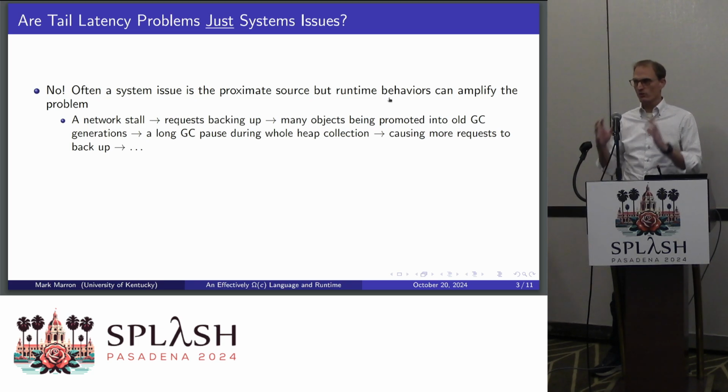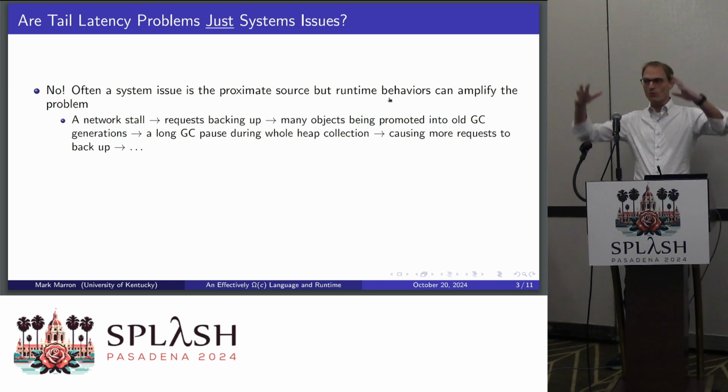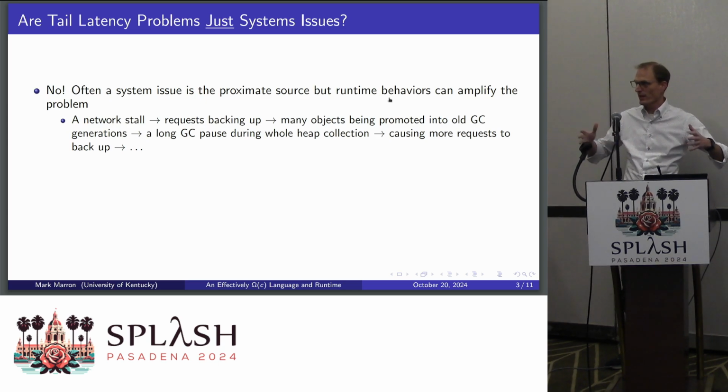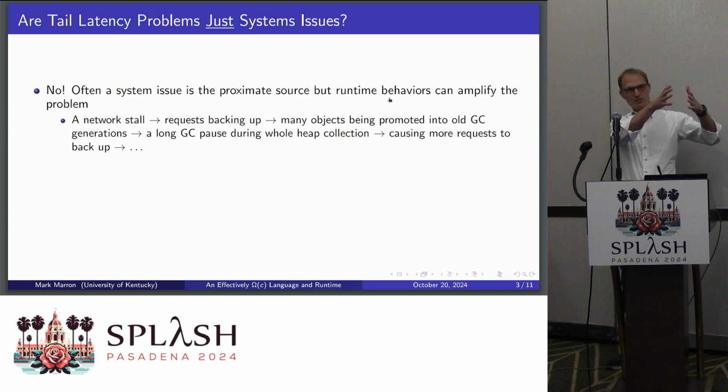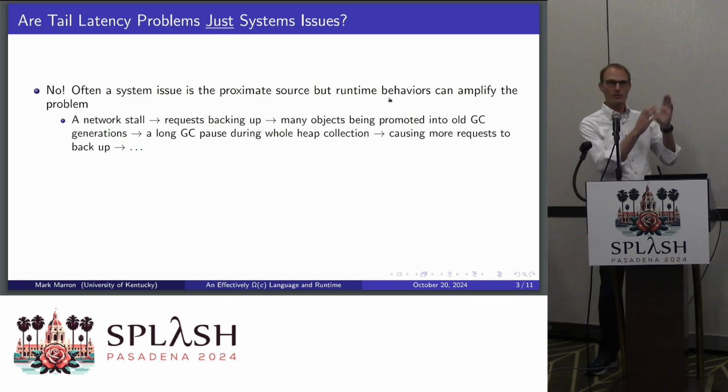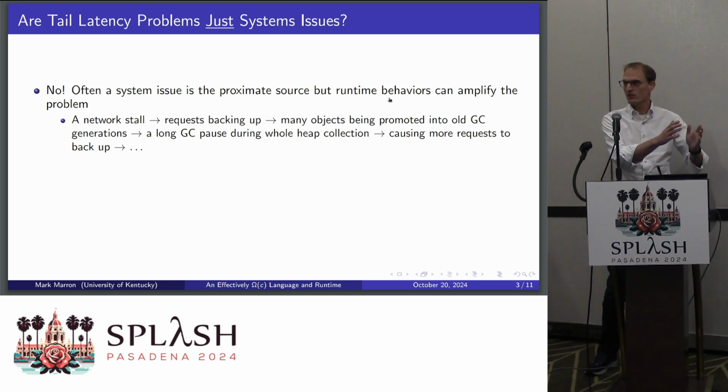These requests usually were short-lived and got collected in the Gen 0 garbage collection, but now they were long-lived because they were piling up, so they got promoted. That meant we had a long pause for a Gen 1 collection, which caused more things to pile up and more things. So our service just tailed off and died here. The trigger was this network issue, but what killed us was the software, right?